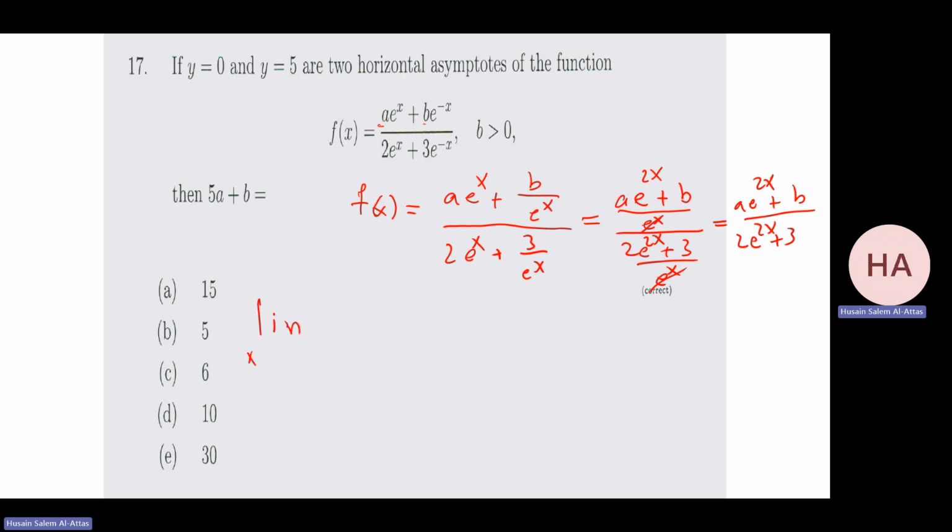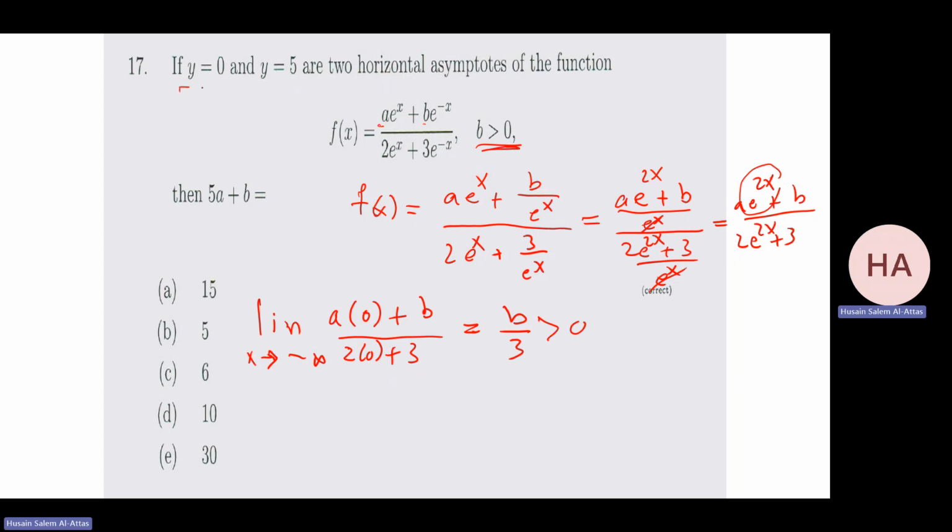Now check the limit as it goes to minus infinity, which is usually easier since I make this 0. So it will be (a times 0 plus b) over (2 times 0 plus 3). So that will be b over 3. He said b is positive, so this should be positive.